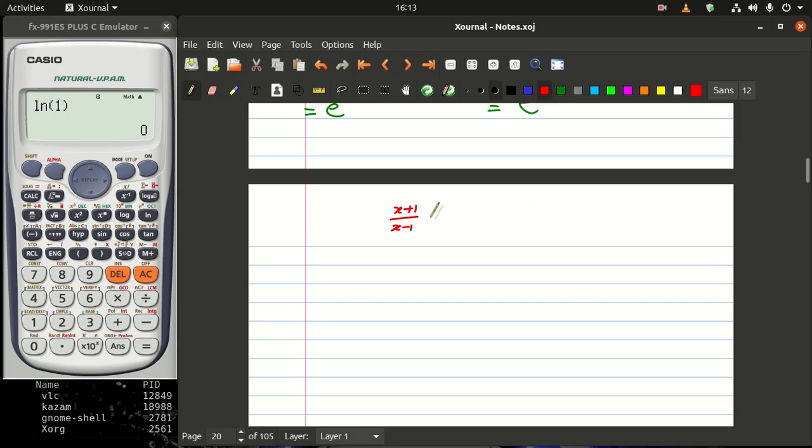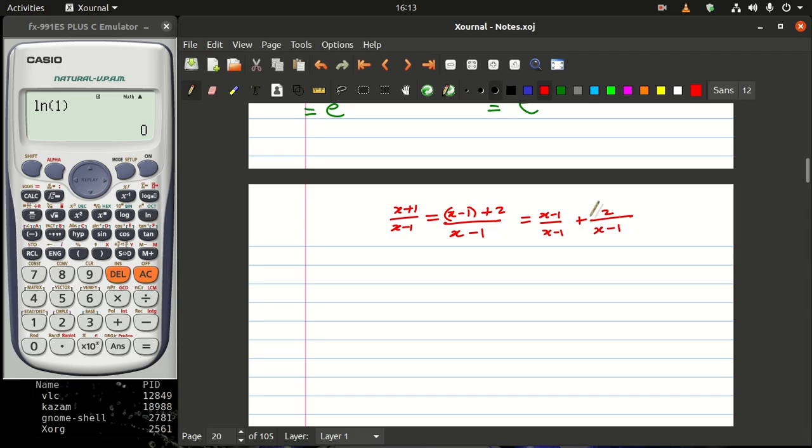If you wanted to do this, one thing you can do is realize that x plus 1 is just x minus 1 first. So we have x minus 1 there, and then plus a 2, so x minus 1 plus 2, and then you divide this by x minus 1. Of course, this whole thing is going to be x minus 1 divided by x minus 1, plus 2 over x minus 1, because the common denominator is there.